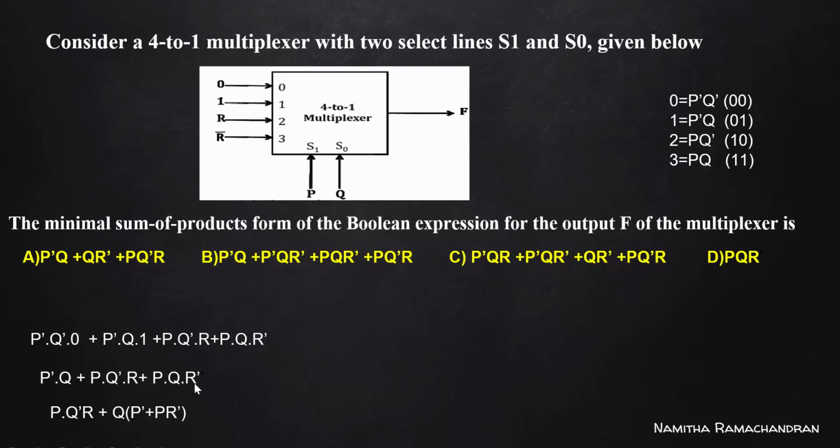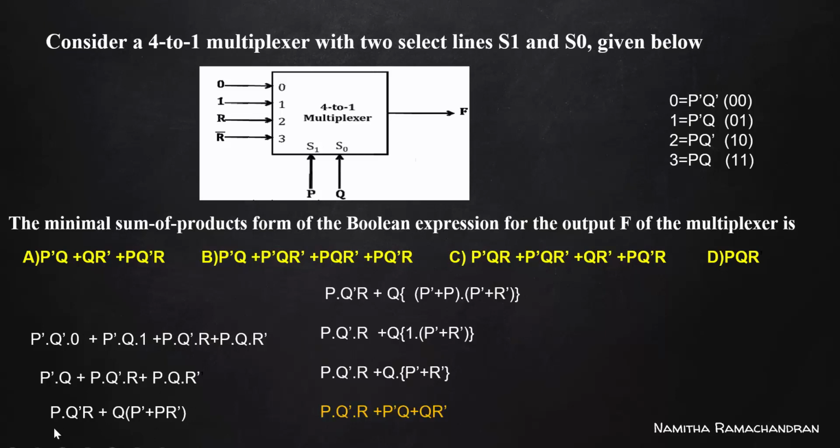Inside this bracket, we can apply the distributive law. The first term is kept as it is. Next, Q. While applying the distributive law inside this bracket, this becomes P dash plus P and P dash plus R dash.